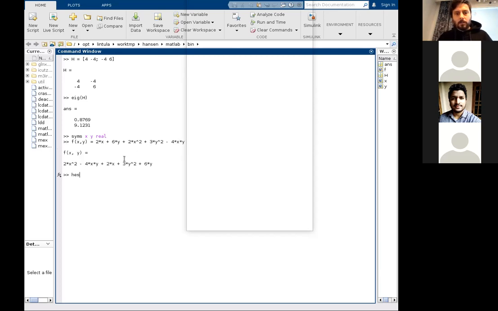And now I can calculate the Hessian of f, which gives me this matrix that we had. Okay? So this is really something that you can use MATLAB to calculate.